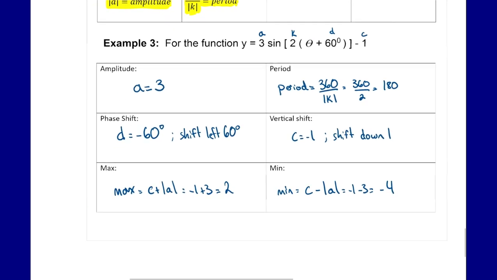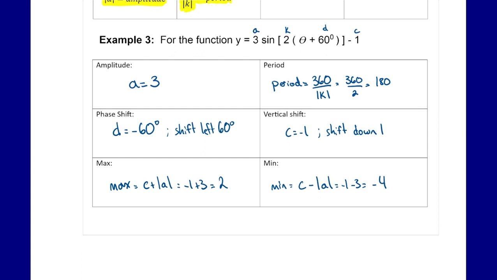And the reason we're doing that is because this C value is actually going to basically become our midline. So if we think of a function, whether it's sine or cosine, I'm doing sine because it's a little bit nicer to draw. The C value actually represents this midline.